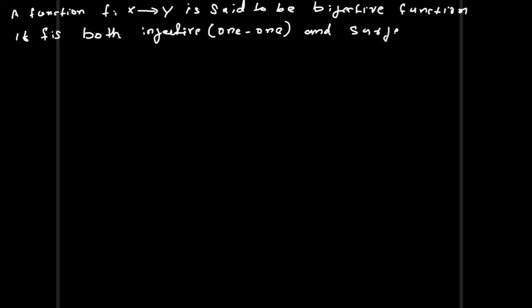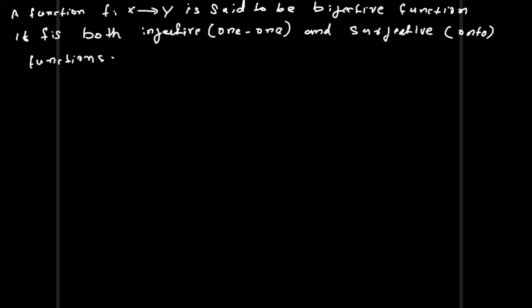So a function f from x to y is said to be a bijective function if f is both injective, or one-one, and surjective, or onto functions.